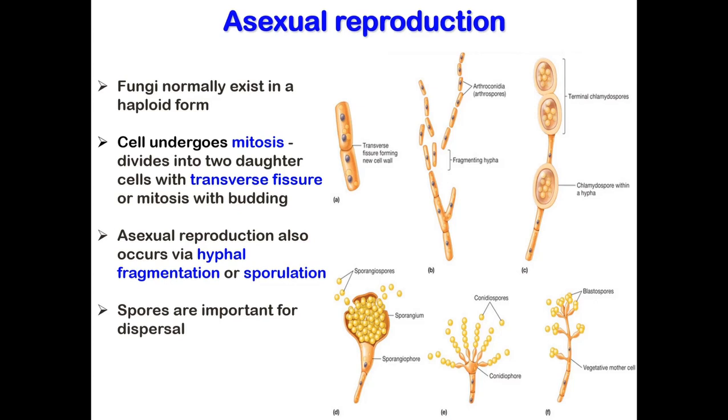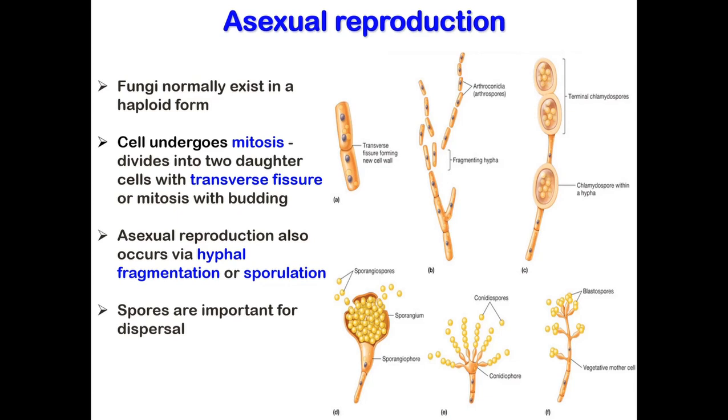The formation of asexual spores often accompanies asexual reproduction and is usually used as a means of dispersal. So different types of spores can be produced. You have arthrospores, which are formed when a hypha fragments, which is shown in B. Then you have chlamydospores, which are thick-walled survival spores, formed under certain growth conditions.